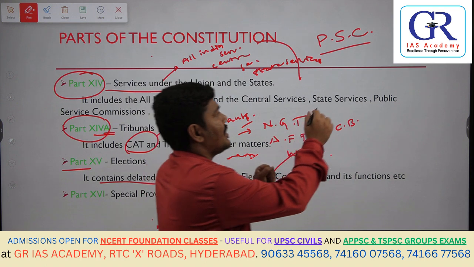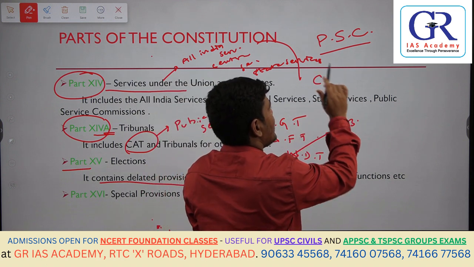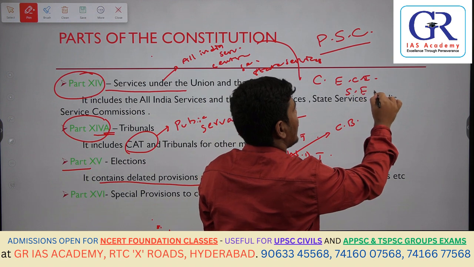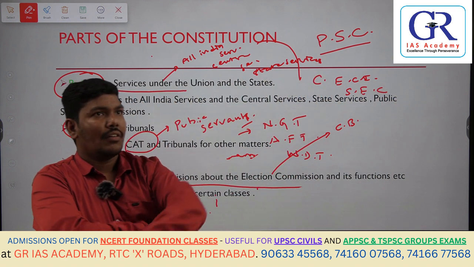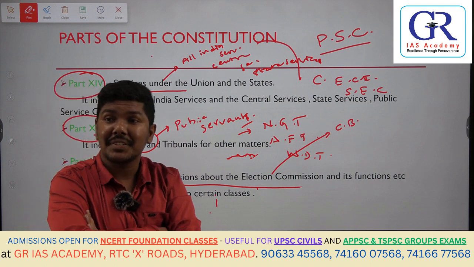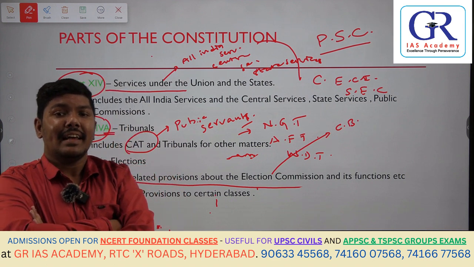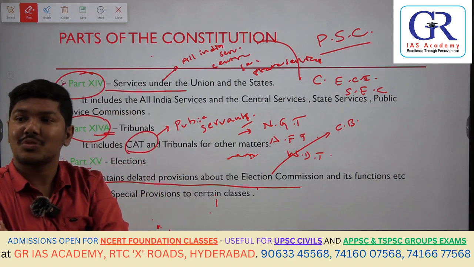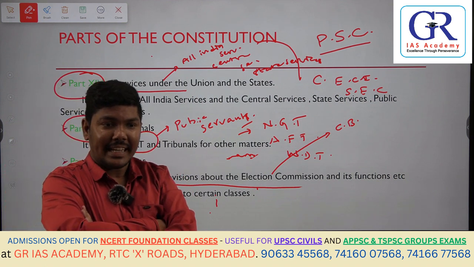So there are two differences that you need to understand. When I say Election Commission of India and when I say state election commission, what are the duties of each? I mean to say, Election Commission of India conducts elections to what, and state election commission conducts elections to what? Any guess?